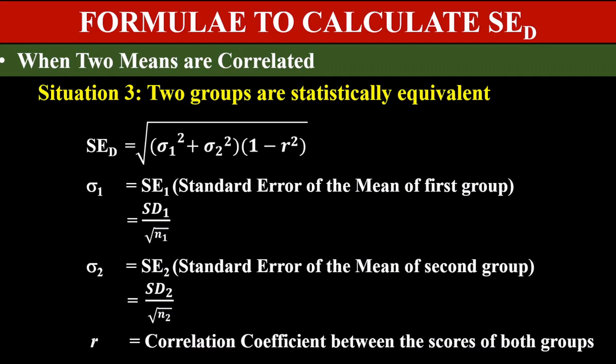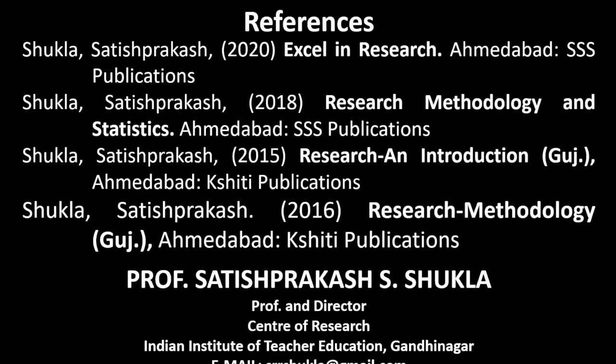Friends, by finding SED in this way and the means of both the groups by using the normal formula of means, all the values are put in the formula of t value or CR, and we will get the t value. So in this way, we have seen different formulas to find SED in different conditions, and the basic formula for t in this video. Now in the next video we will discuss how to calculate the t value manually.